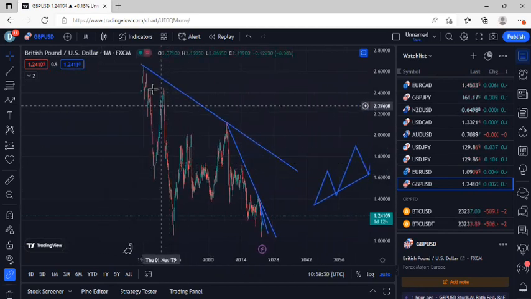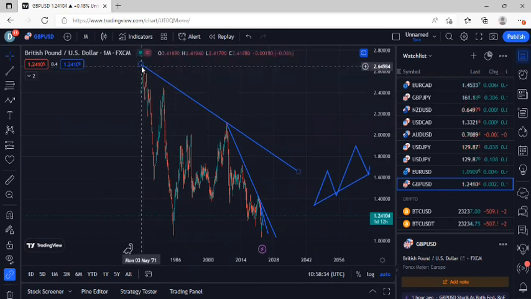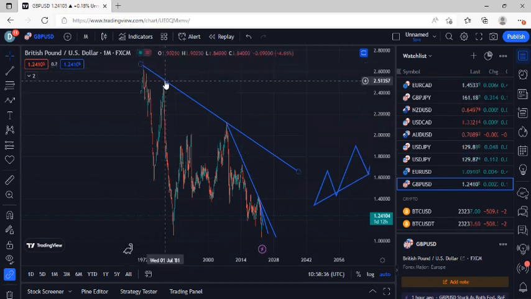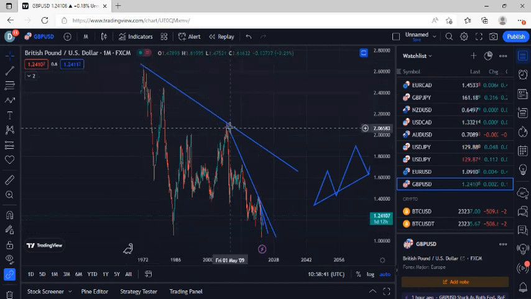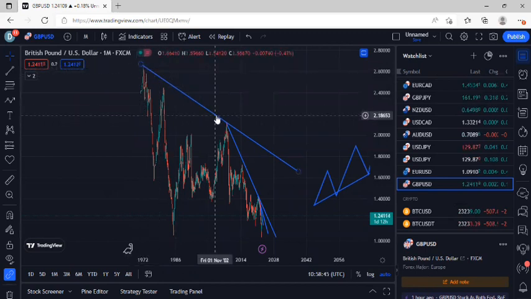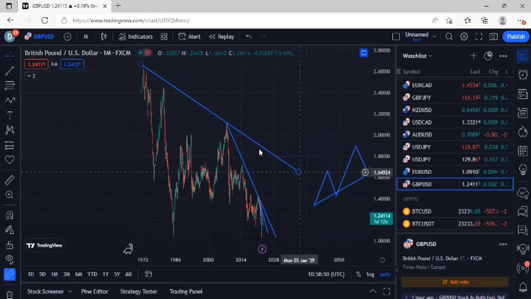So for a downtrend, you make sure you pick at least 2 highs. That is lower highs, lower lows, lower highs, lower lows. So you make sure you pick at least 2. If you're able to pick at least 2, then you say you have started a trend. Then the third one confirms it.